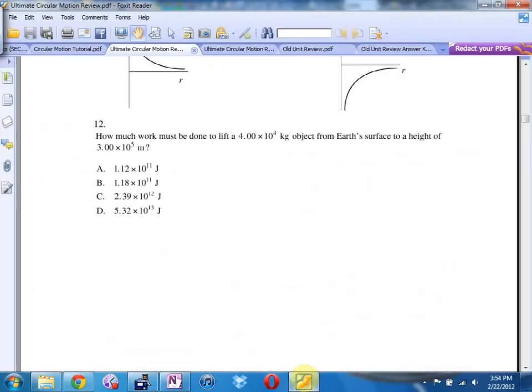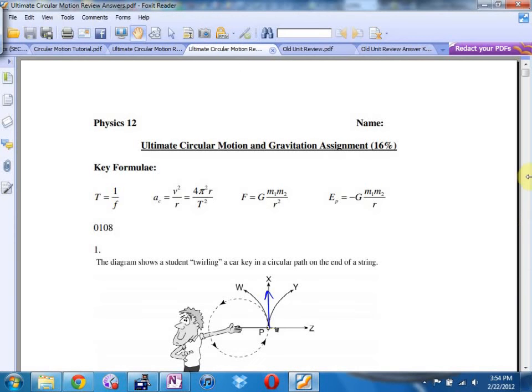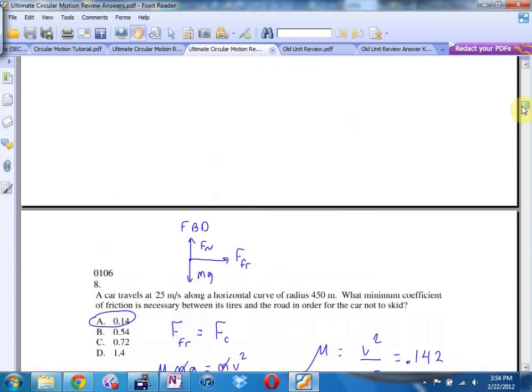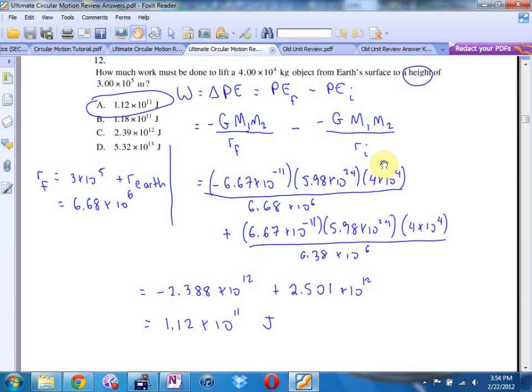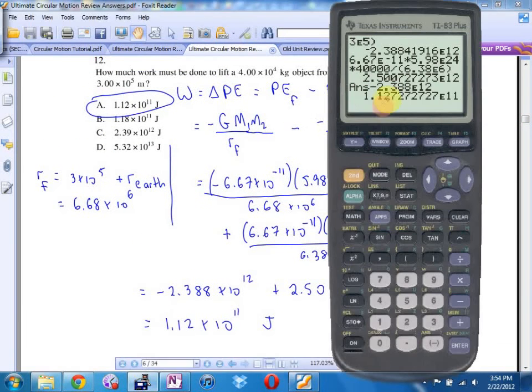Look at my answer key. Yeah. Now, I don't quite like this because when I carry a few extra sig figs, it's actually 1.13 times 10 to the 11th, but clearly that's the answer they want me to pick. I'm guessing they rounded off a bit more than I did.